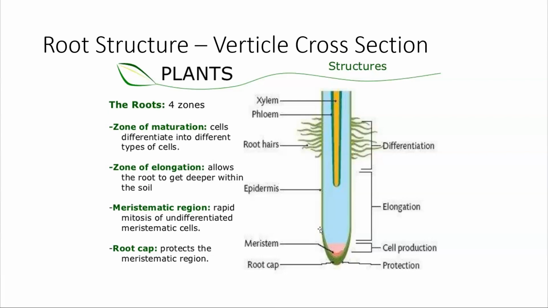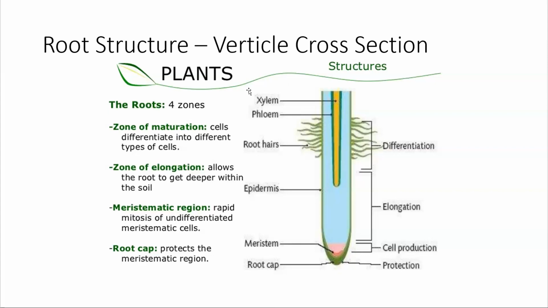And then below it, it's pushing epidermis. It's creating epidermis, which ends up creating at the tip a root cap, which protects the meristematic region. So there's a very thick epidermal layer that protects this really important piece here, which is driving the root deeper and deeper into the ground.